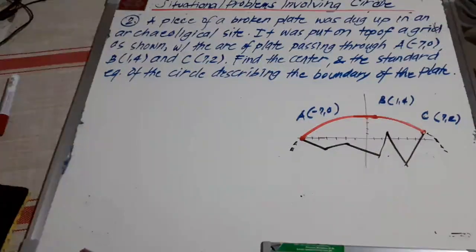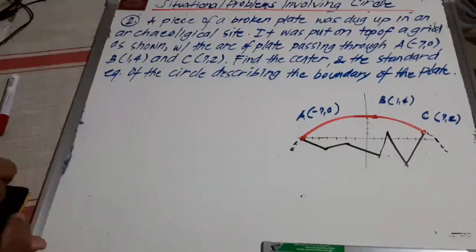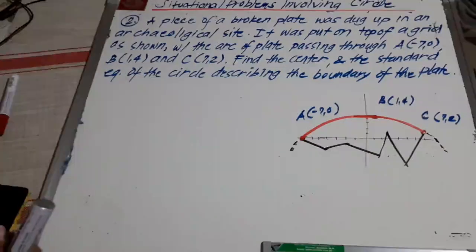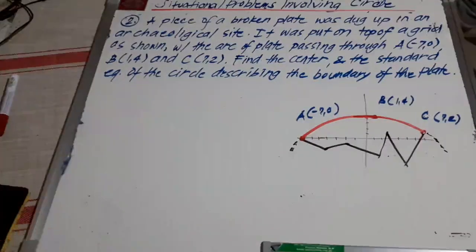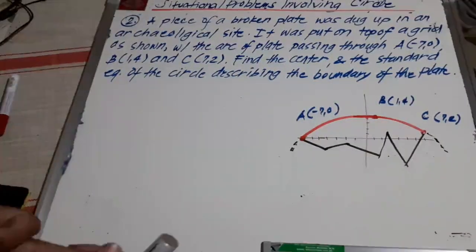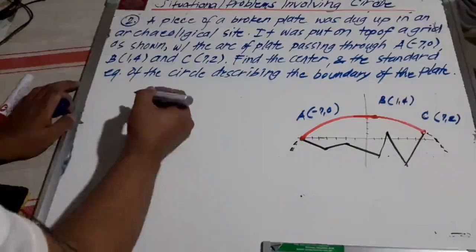And the other way to solve this problem, gagamit tayo ng napakaraming concepts. Concept ng slope, concept ng parallel and perpendicular lines, concept ng midpoint, and then what else? Concept ng equation of a line. So, ilan yon? Yung first method, sulat ko.